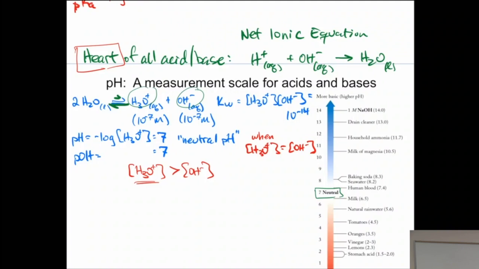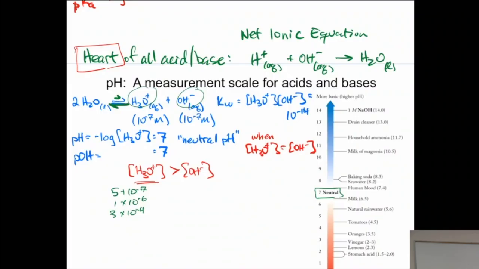But if we have an excess, now we're adding to that. Maybe it's 5 times 10 to the minus 7th. Or maybe it's 1 times 10 to the minus 6th. Or 3 times 10 to the minus 4th. Whatever. Those are all cases where hydronium ion is more abundant than the hydroxide ion after the net ionic equation is done. Do you all see what I'm talking about there?